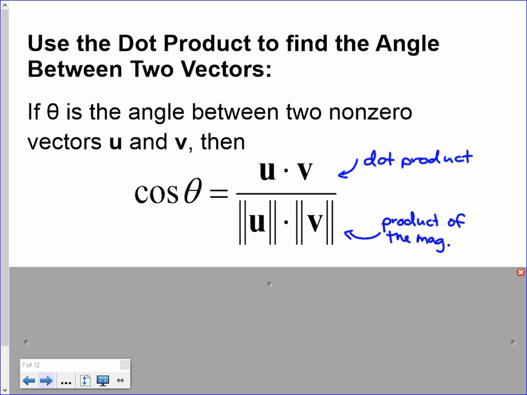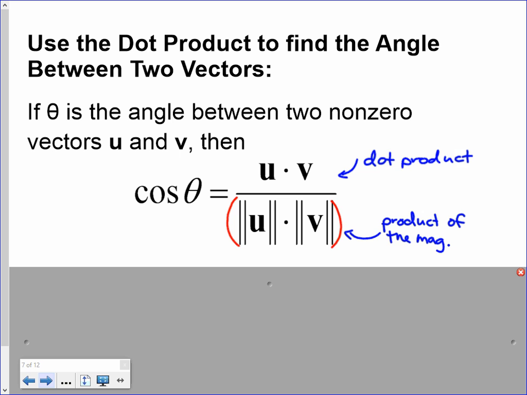We'll have to do it for U and V separately and multiply them. Now, if you want to do this all in your calculator at one time, the only thing you'll have to be real careful of is the fact that you're multiplying in the denominator, so you need that multiplication to happen before the division. So you would use a set of parentheses around the magnitudes if you're going to not multiply them first.